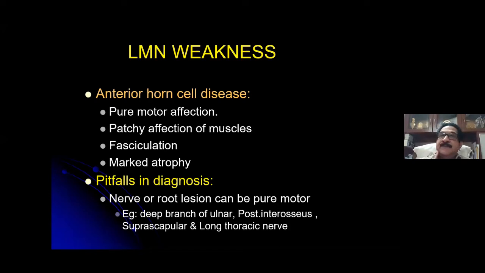Classically, peripheral nerves are combined motor and sensory nerves, but some nerves are purely motor. For example, deep branches. An older man coming with wasting and weakness will suggest motor neuron disease, but beware, it may not have any sensory loss. So you must always keep this possibility in mind before jumping to the diagnosis of anterior horn cell disease.